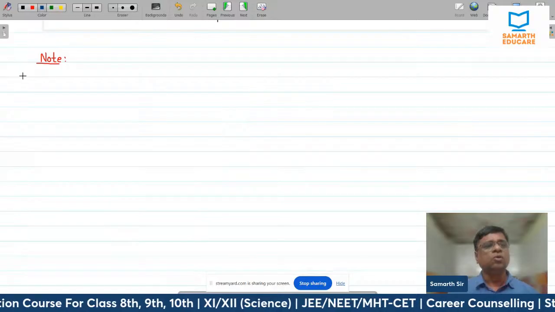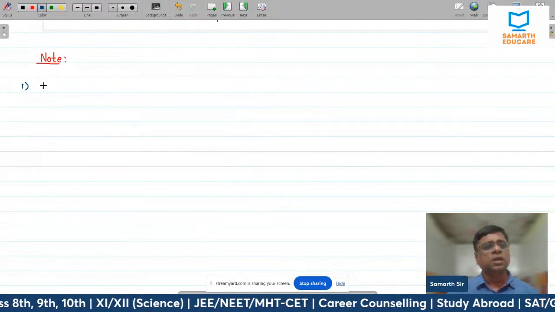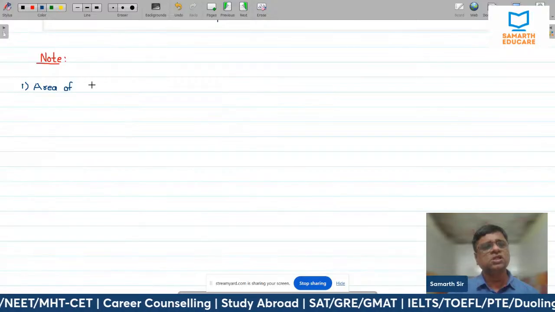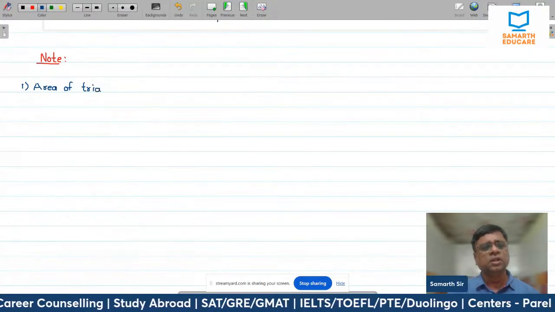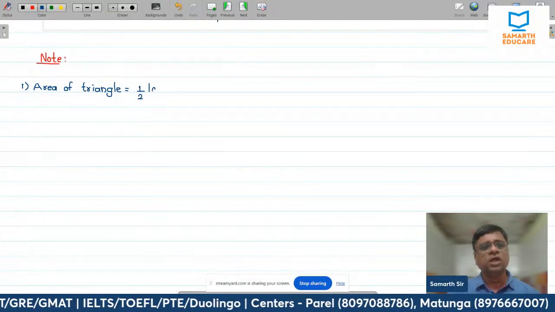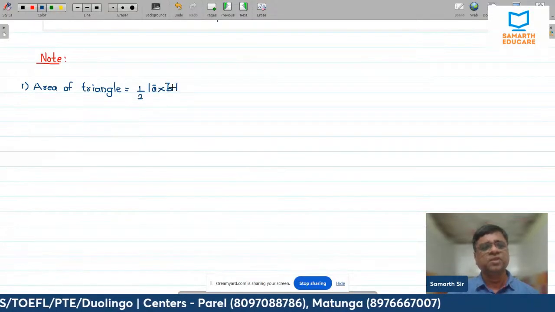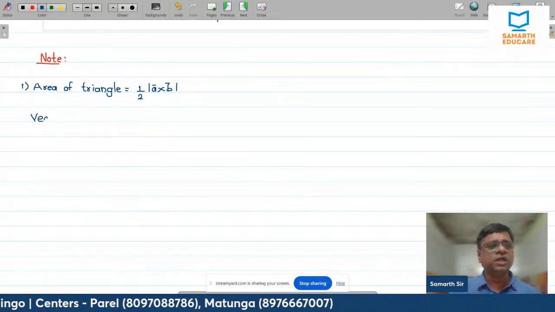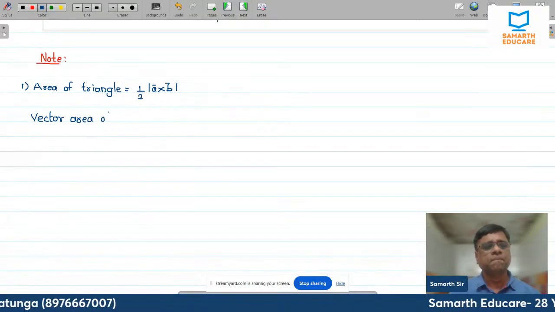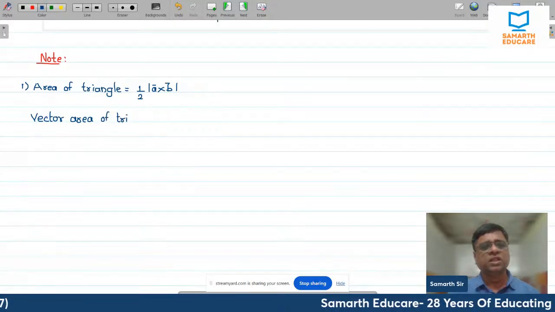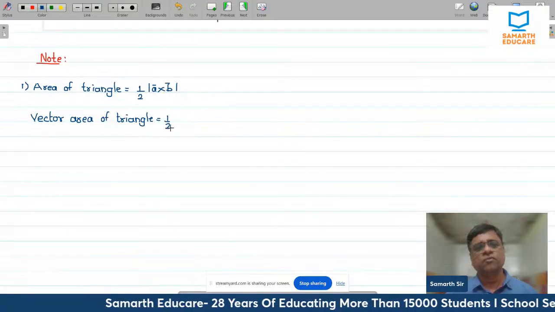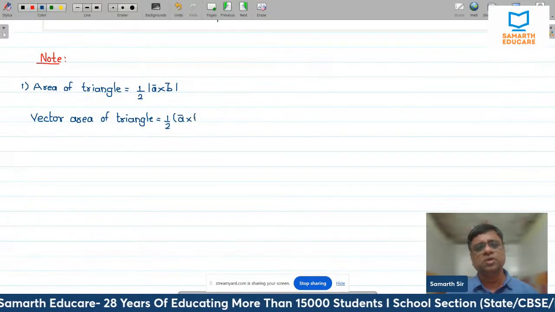Okay. Now, number 1. If the question is area of triangle, then the answer is half mod A bar cross B bar. But if the question is vector area of triangle, then the answer is half A bar cross B bar.